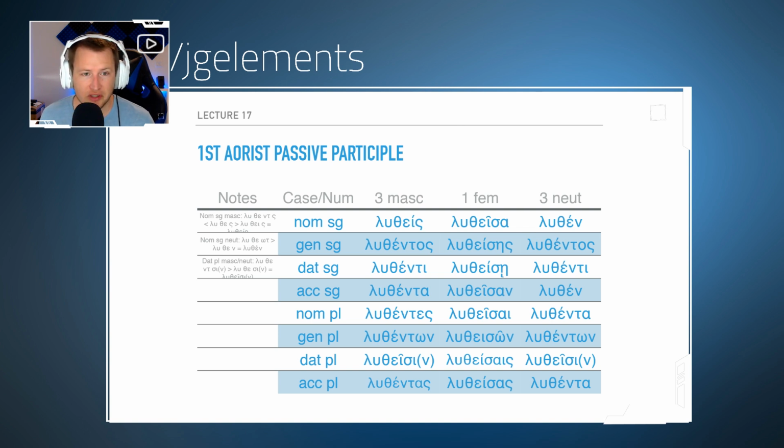And it actually uses it in the aorist passive because it has the theta epsilon. Just making sure I didn't forget anything on that, but I believe that's correct.